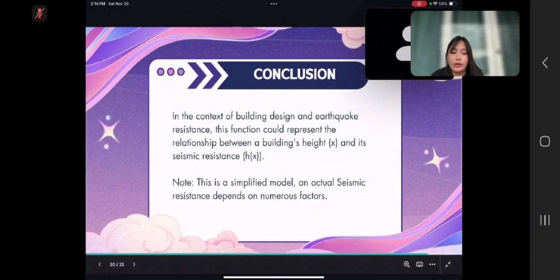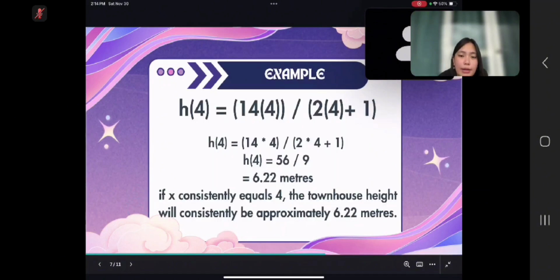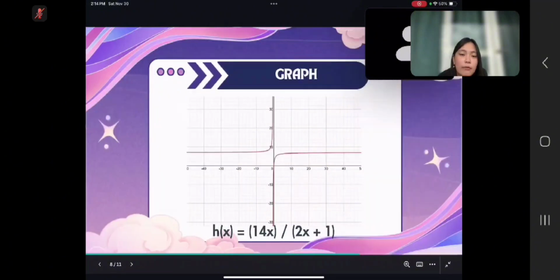In our example, if x consistently equals 4, the townhouse height will consistently be approximately 6.22 meters. So the final height of the townhouses would be 6.22 meters. But of course, it will vary depending on the demand of the newcomers if this will still be adjusted. So for now, let us base it on this formula.